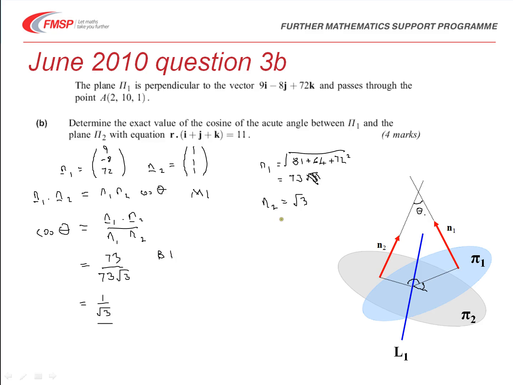And similarly for the denominator, from the 73 and the root 3, you'll get a mark for that. And then finally for obtaining the 1 over root 3 as the correct answer at the end, you will get 1 mark for that one as well.